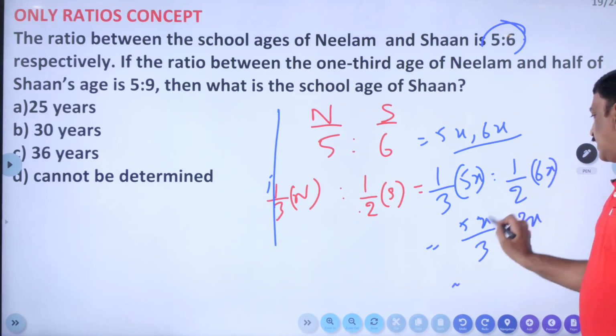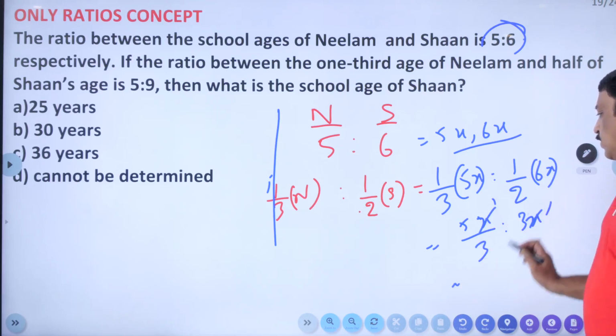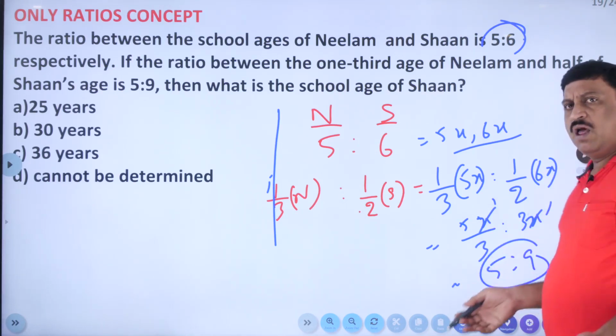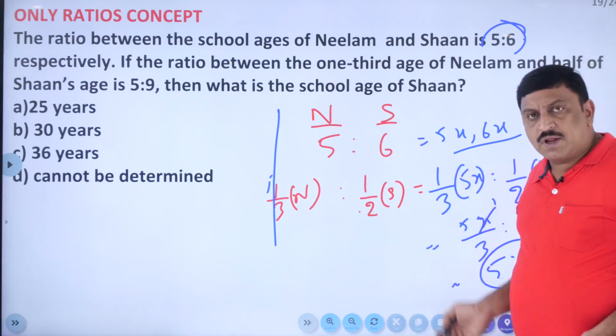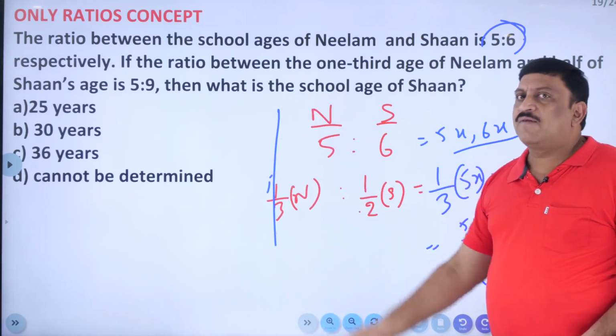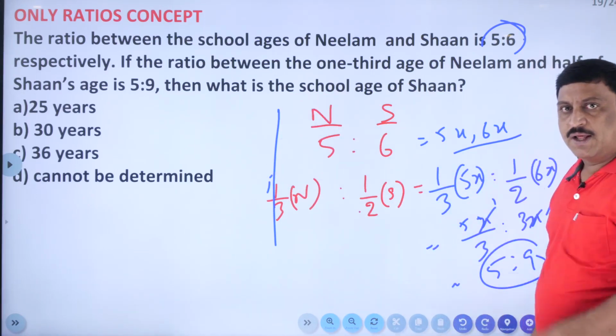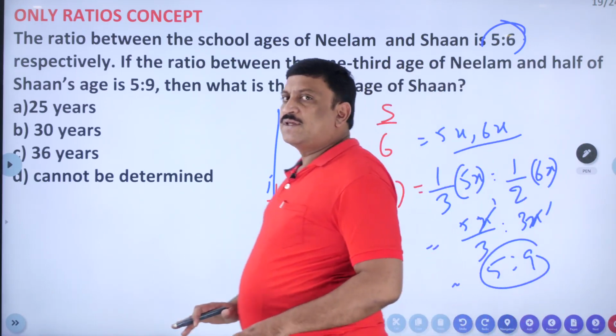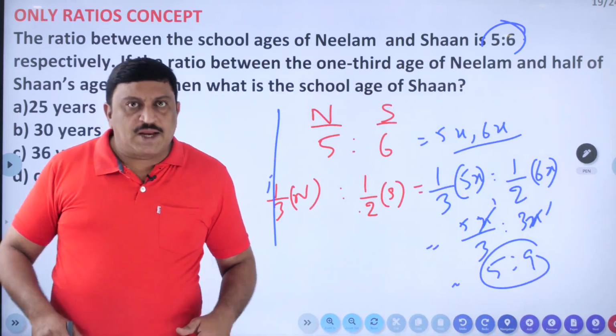Again the x's cancel, 3 goes there. So 5 is to 9. Again 5:9 comes. So what is the need of giving 5:9 again? We can get the 5:9 there. So there is no chance, whether it is after 5 years or before 10 years that is given.